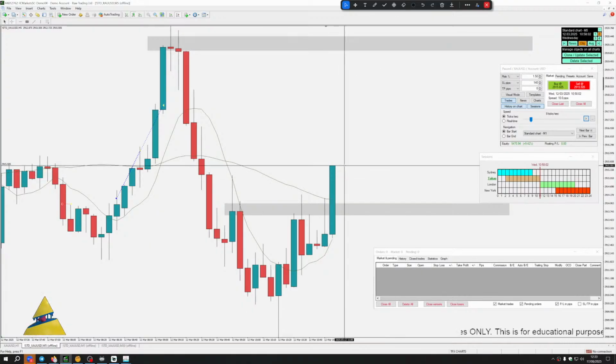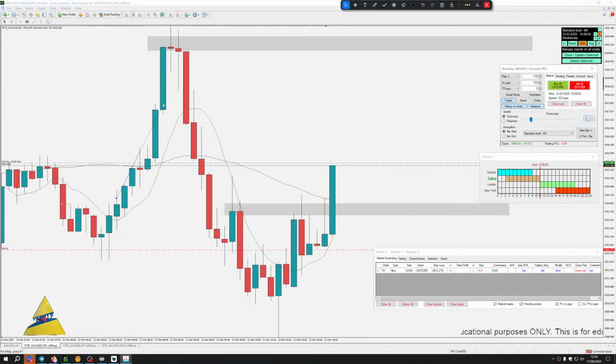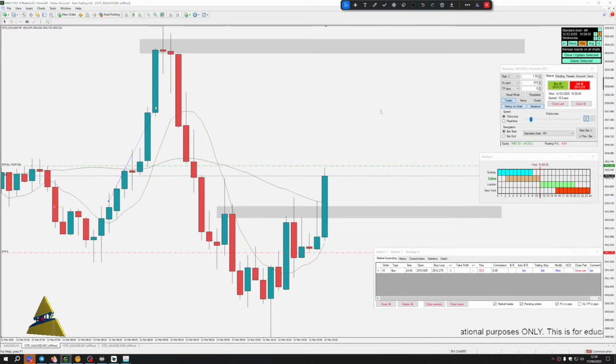All right, whatever. Let's take a buy. We'll put our stop loss just within this area here. Or below this wick. Or below the support. Let's put it below the support. I think it's a bit safer. Let's put it below that support.